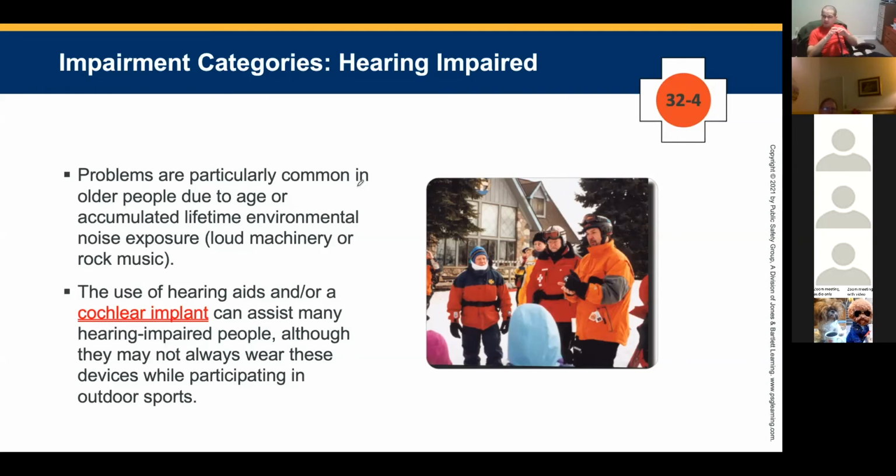The use of hearing aids or a cochlear implant can assist many people with hearing problems, although they may not always wear these devices while participating in outdoor sports. Like I said, the concern is losing them, and in an outdoor environment, it's very easy to lose those devices.